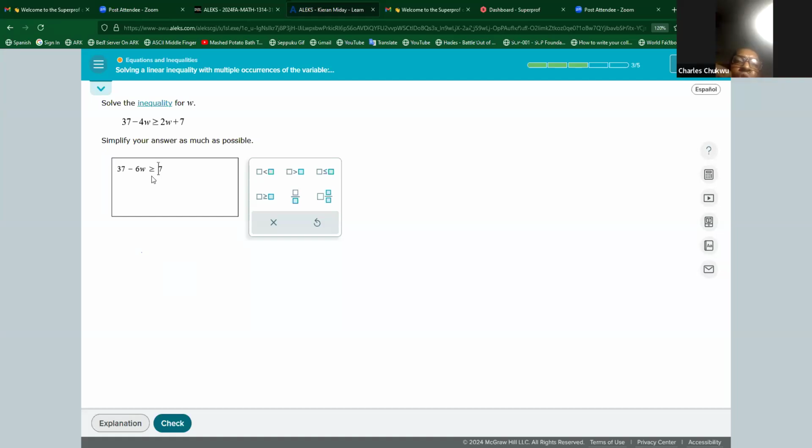All right. So for the numbers, we need 37 to go over to the other side. What are we going to do to 37? Add it to both sides. Well, subtract it because it's positive. Right. And don't forget the 6 has a negative in front of it.